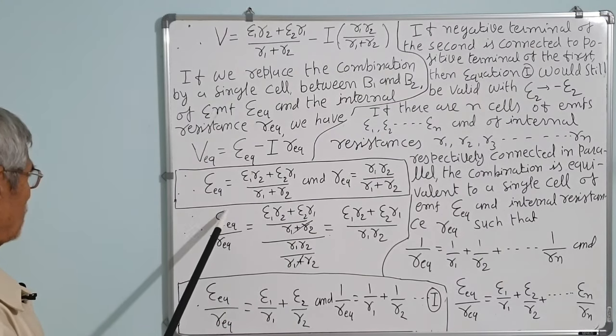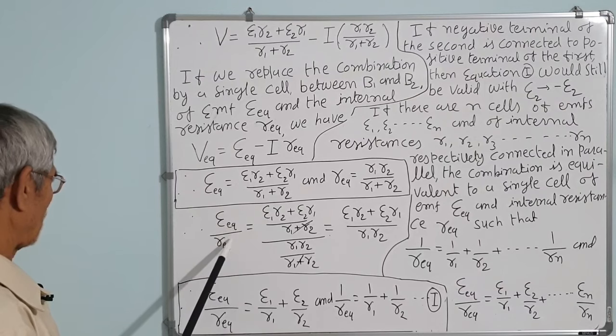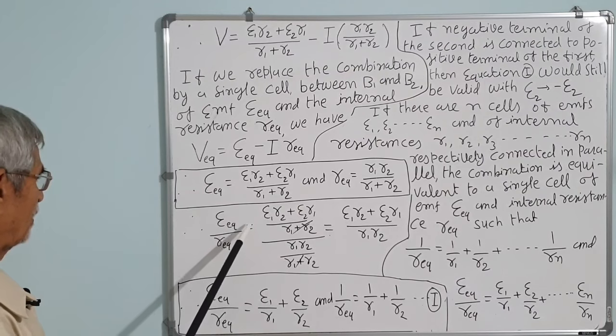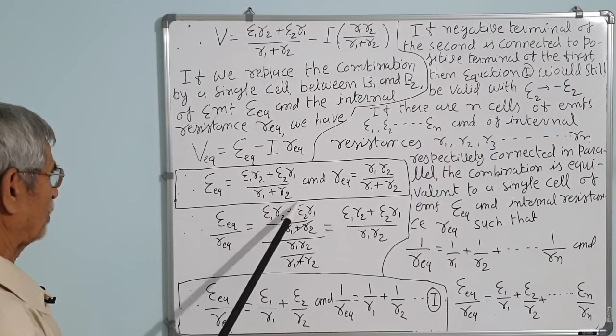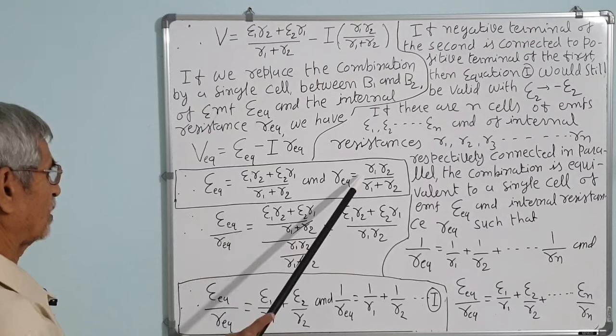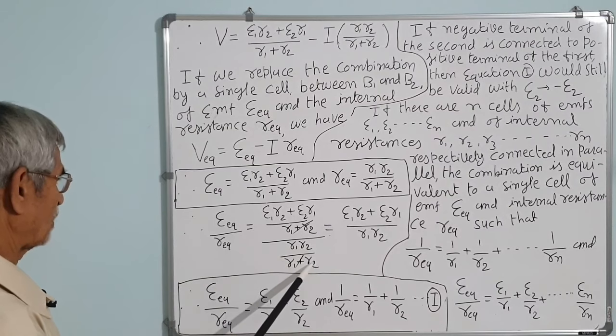Again, take the ratio of the equivalent EMF upon the equivalent resistance: E equivalent/R equivalent = [(E1 R2 + E2 R1)/(R1 + R2)] / [R1 R2/(R1 + R2)].